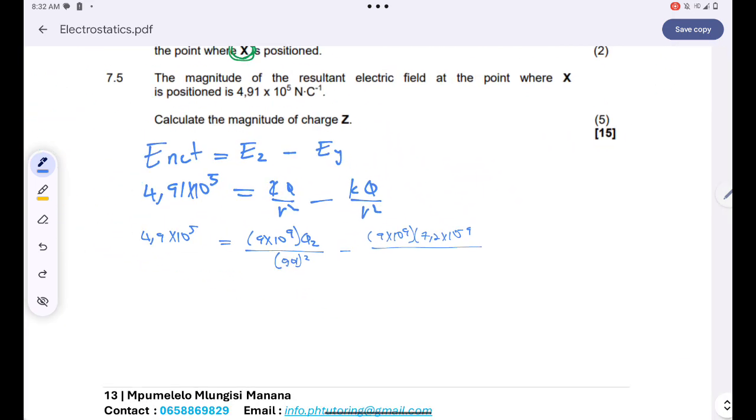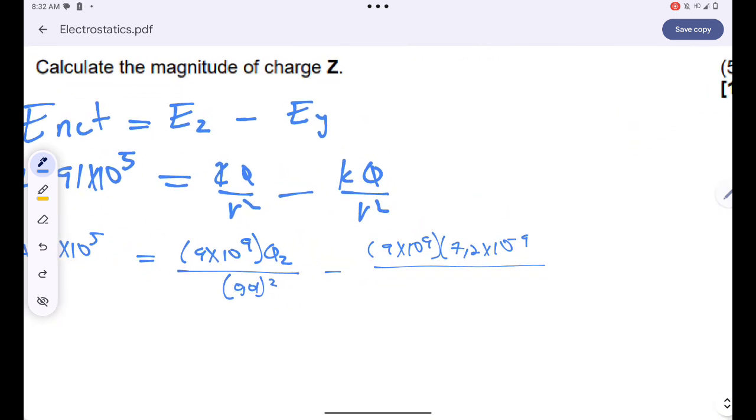Yes, and the distance between the two is just 0.03.